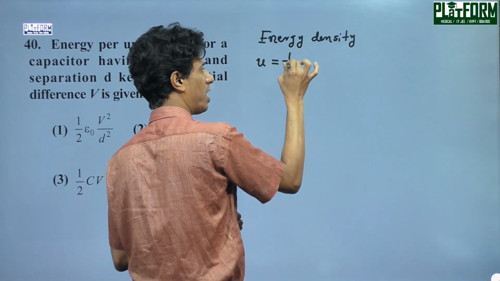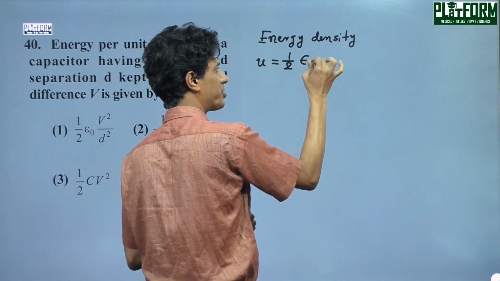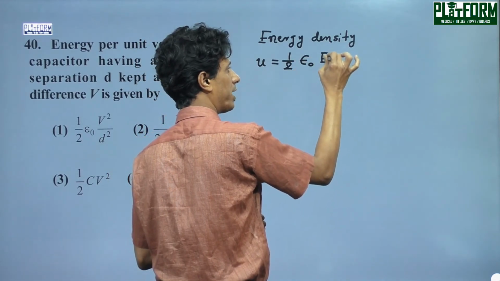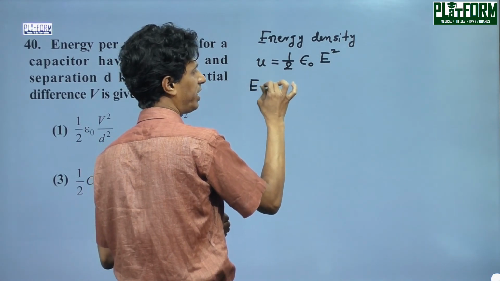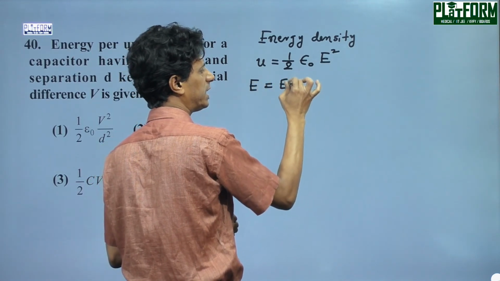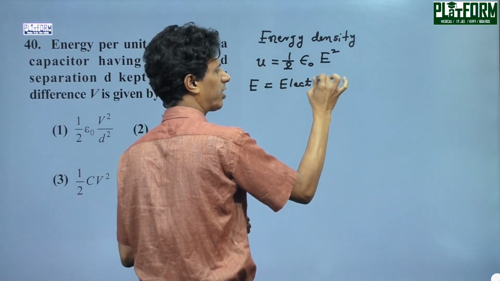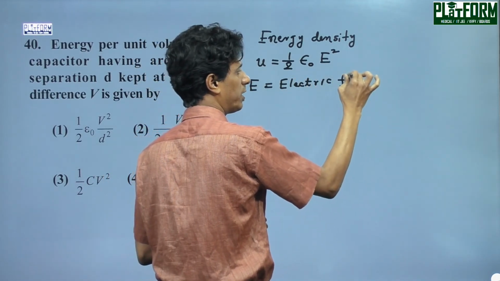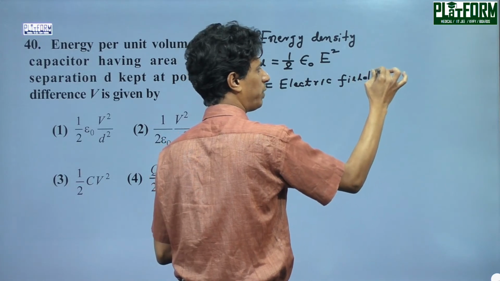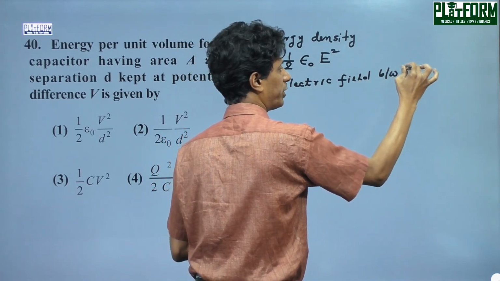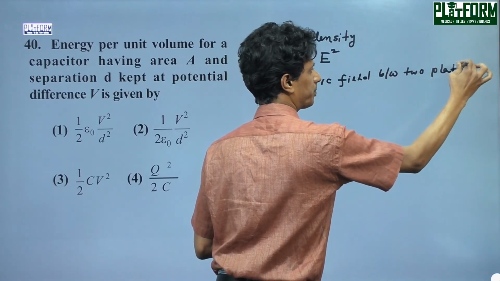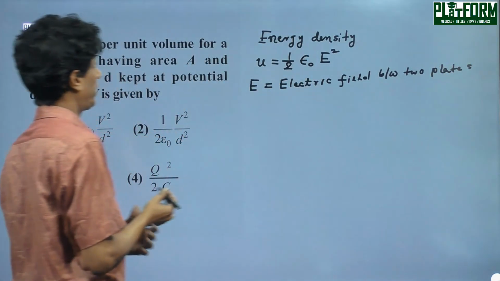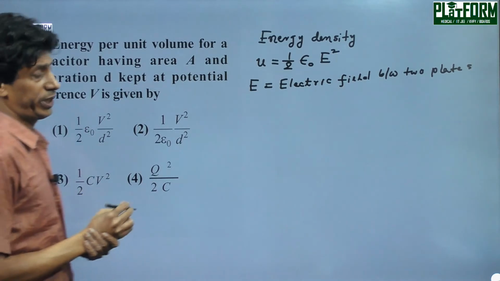It is half epsilon 0 E square, and E is the electric field between two plates of the condenser.